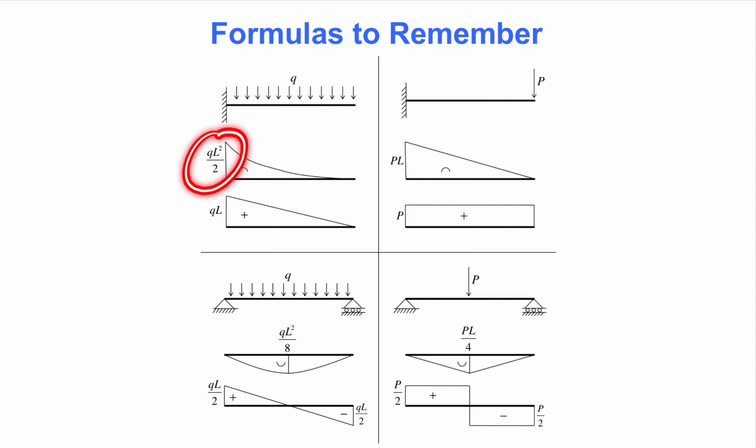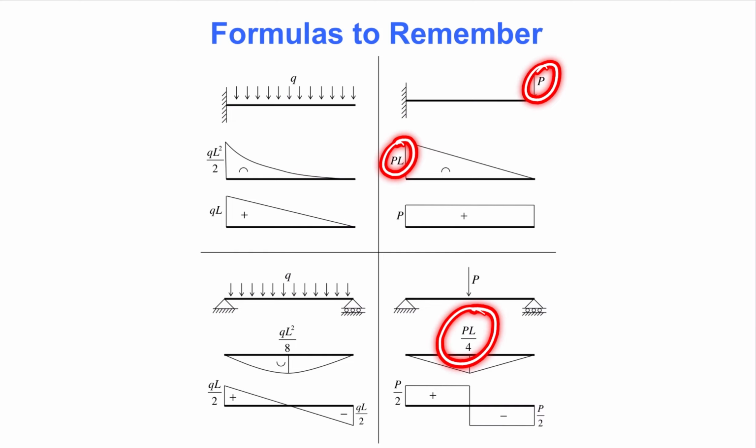The bending moment at the middle of a simply supported beam with uniformly distributed load is QL²/8. Many engineers will use that formula a lot, because it is the largest moment that can appear in a continuous beam, except cantilevers. For a point load P, the comparable values are PL for the cantilever and PL/4 for the simply supported beam.